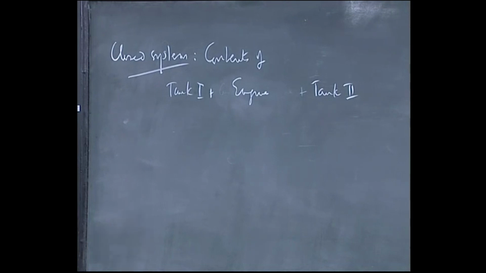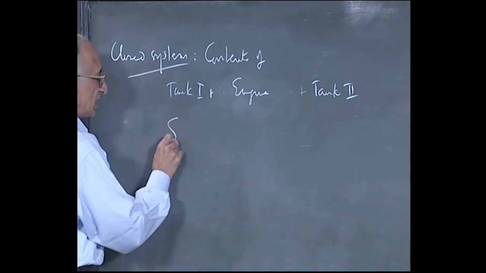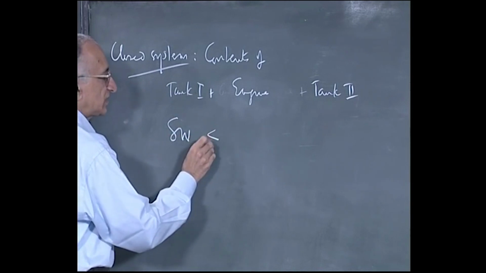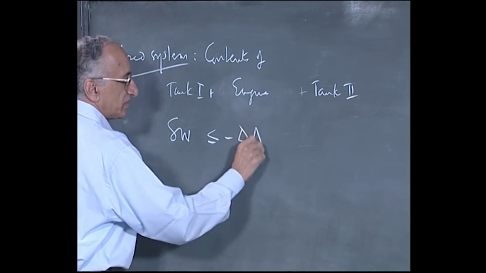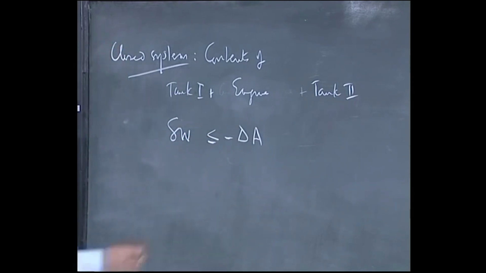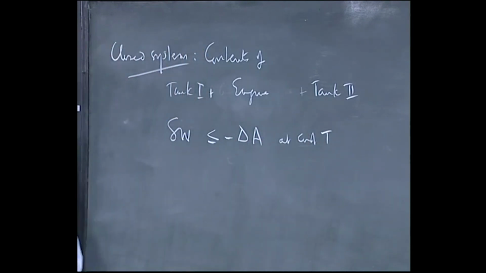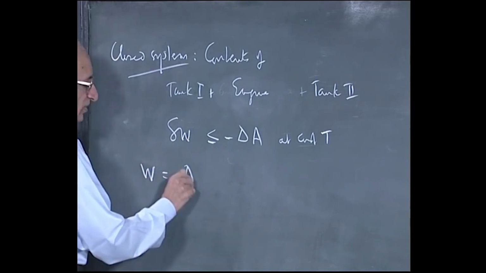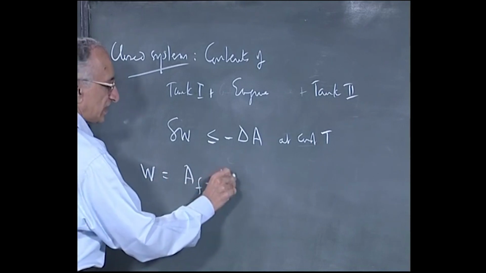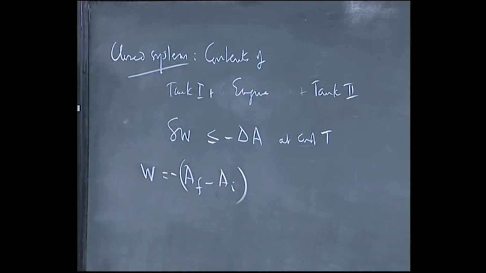If it is a closed system, you know that delta W is less than or equal to minus delta A under isothermal conditions. So all I need to know is A final, and W is simply equal to A final minus A initial with a minus sign.